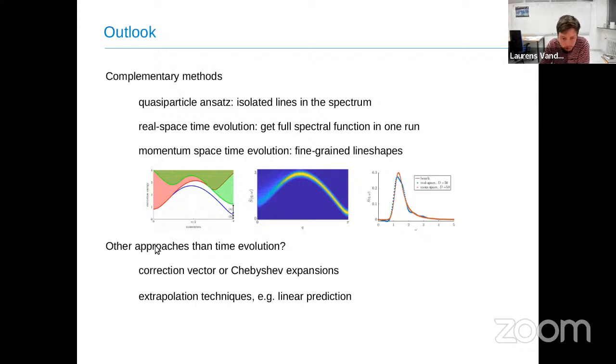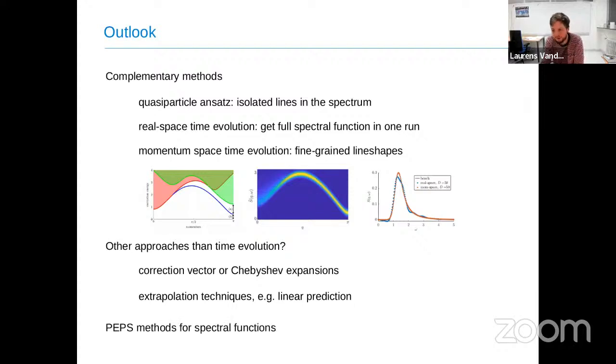And of course, we can try to use extrapolation techniques to extrapolate our time signal to get better resolution using, for example, linear prediction, or this recent recursion method that was introduced by Steve White and co-workers. So indeed, on that front there's also a lot of progress to be made, I think.